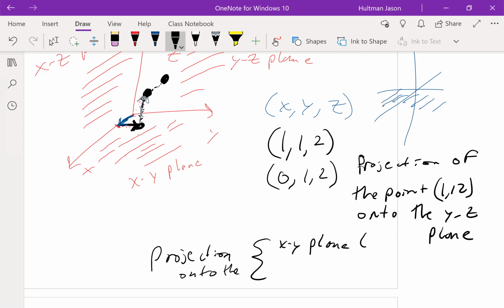The XY plane, this would be 1, 1, 0. Okay, onto the YZ plane, it would be 0, 1, 2. And onto the XZ plane, which is this guy over here, where would that guy be? Well, that would be at 1, 0, 2. Okay, make sense?